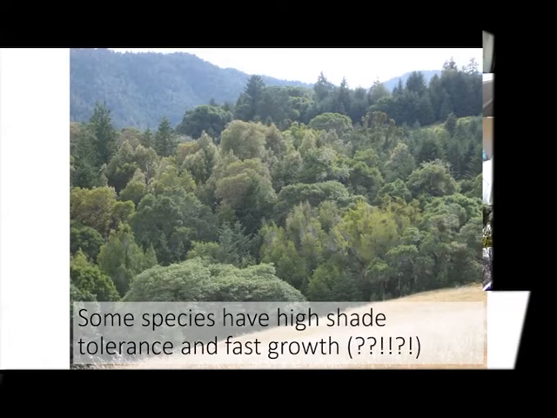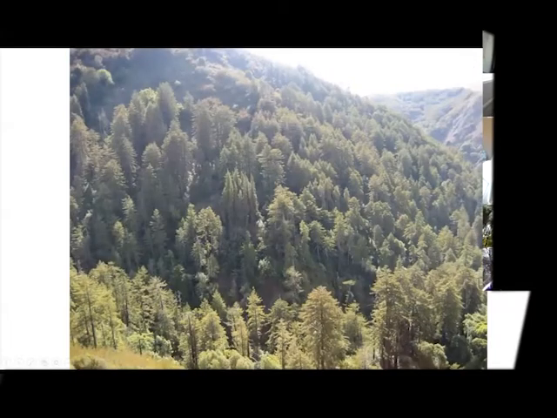Let me show you another example, and then I'll give you the big reveal. High shade tolerance and high growth rate also happens in redwood. It happens in some other species, but redwood's a fairly familiar one. In terms of these edaphic or climate controls, redwood can't dominate everywhere, especially in the southern portion of its range.